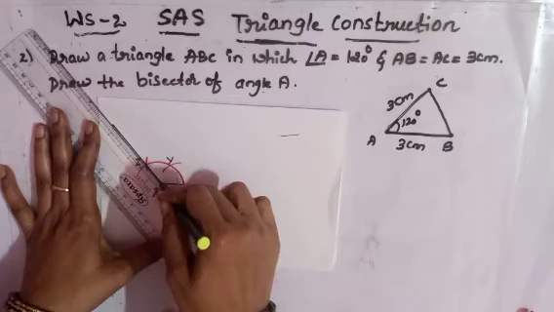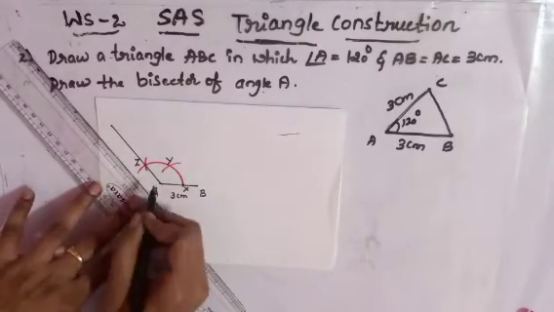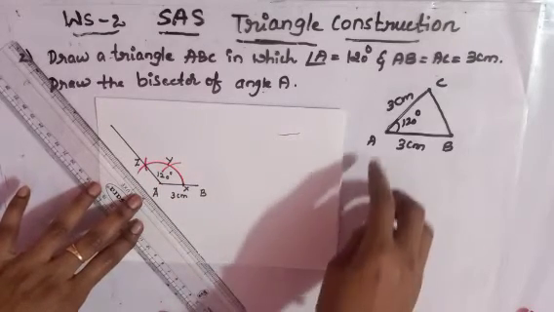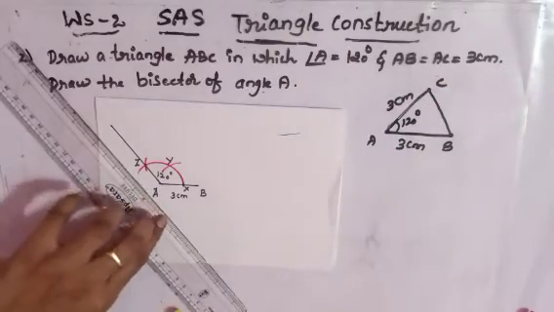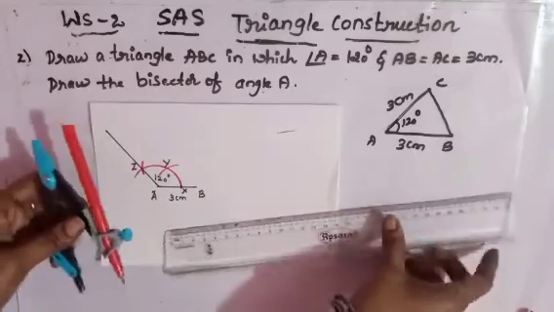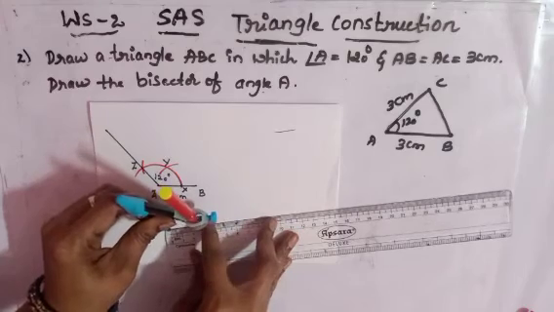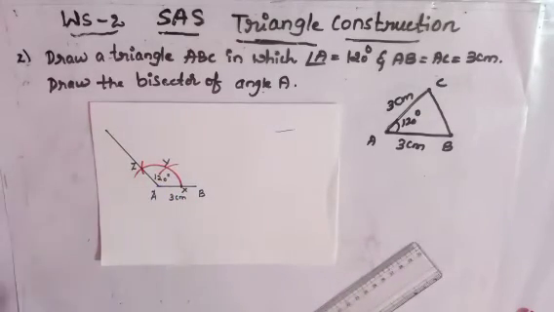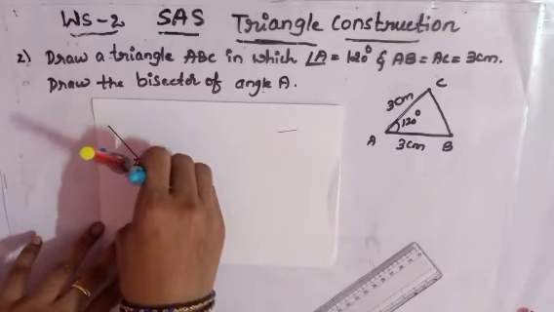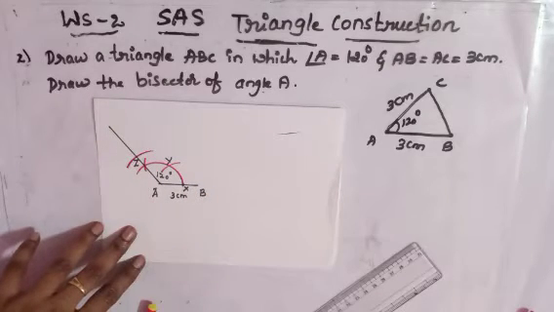Now we got angle A is 120 degree. Now AC is 3 centimeter. With the help of compass, we have to cut an arc. Take the measure AC 3 centimeter. Place the compass at point A and draw an arc of 3 centimeter.